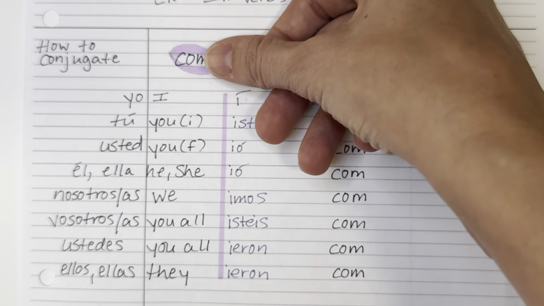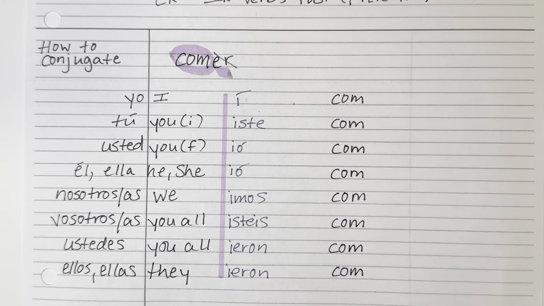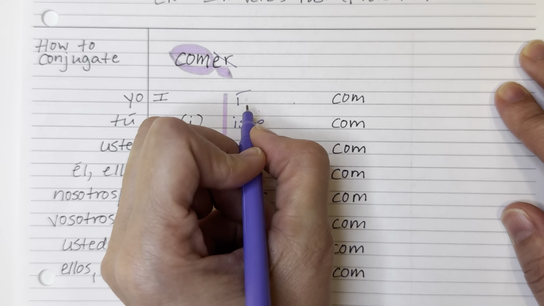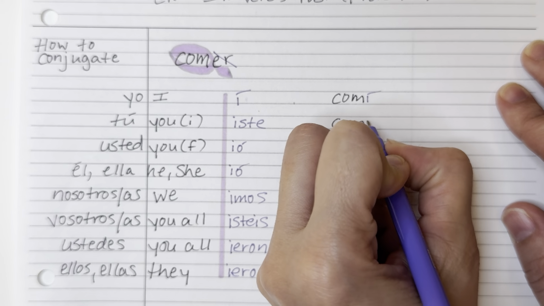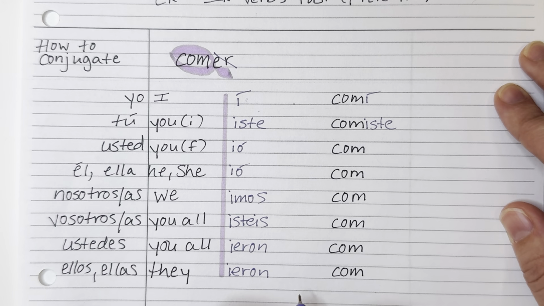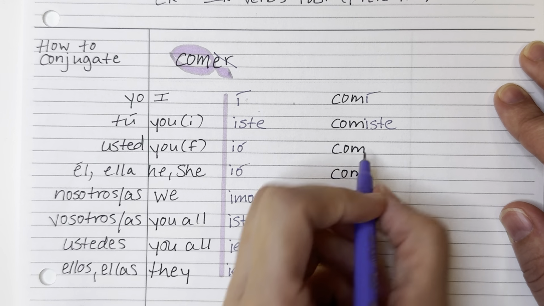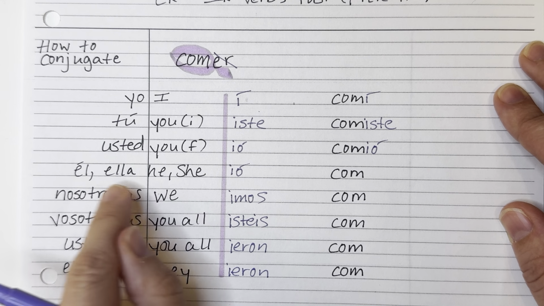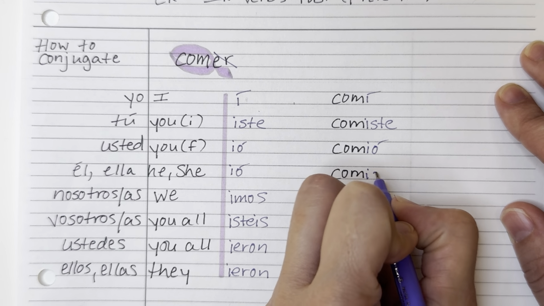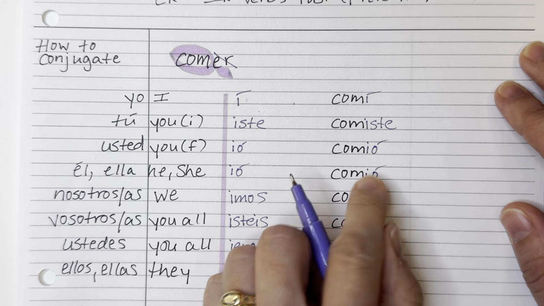And I've already just added the stem here to save time in the video. So I ate, yo comí. You informal ate, tú comiste. You formal ate, usted comió. He or she ate, él or ella comió, remembering the accent mark.